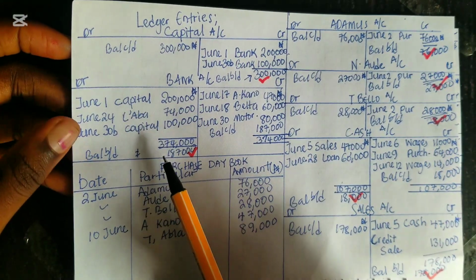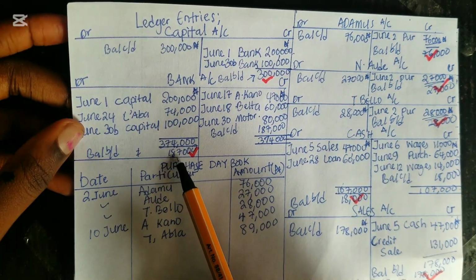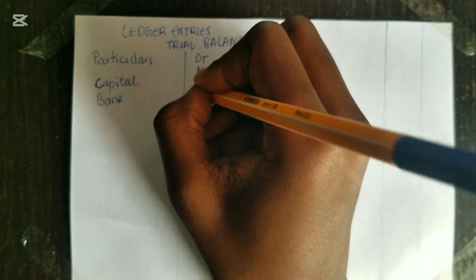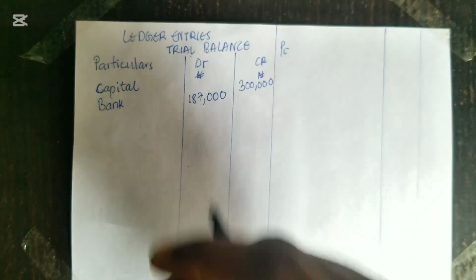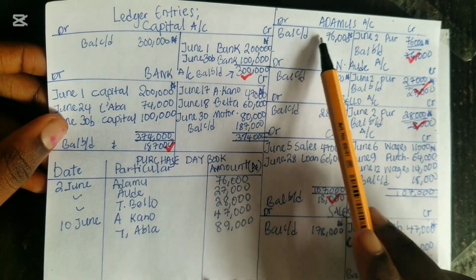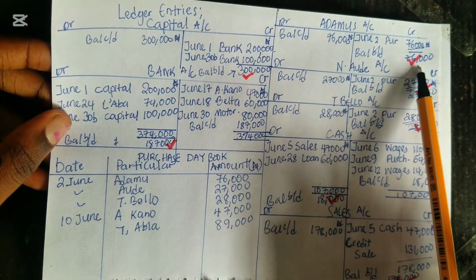Okay, bank is what? On the debit side. Our balance brought down is on the debit side, 187,000. So we have bank 187,000. The next one is what? Adamu's account. Does he have a balance brought down? Yes, and it's on the credit side, 76,000.